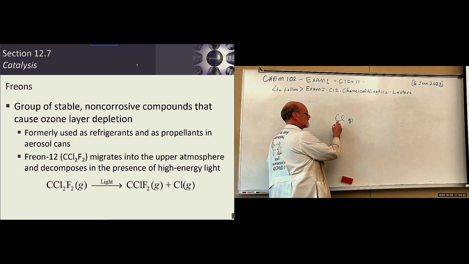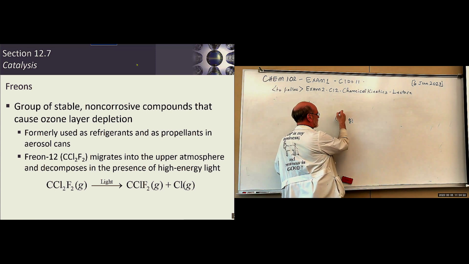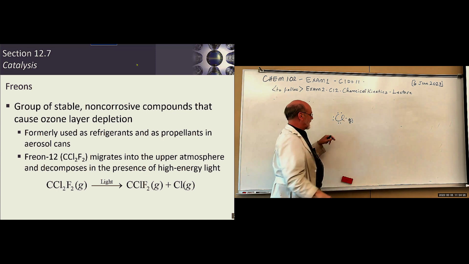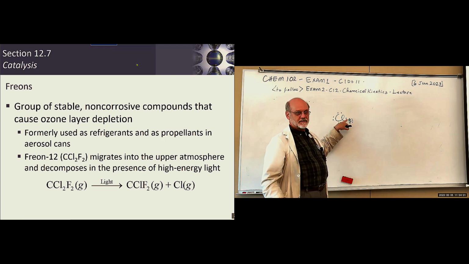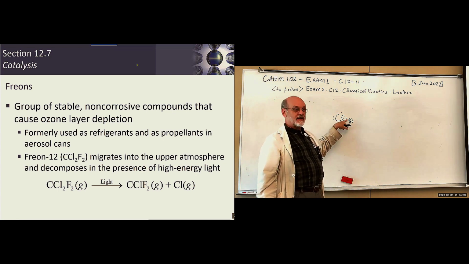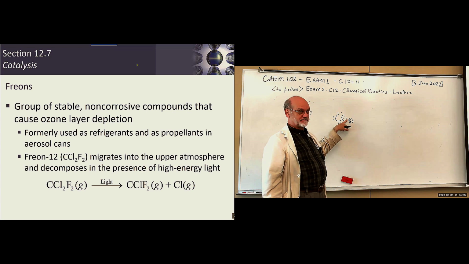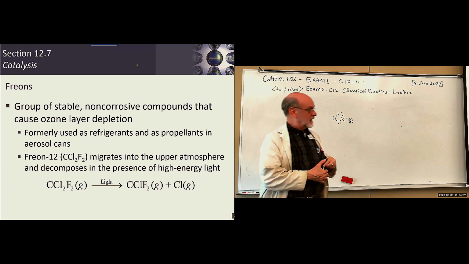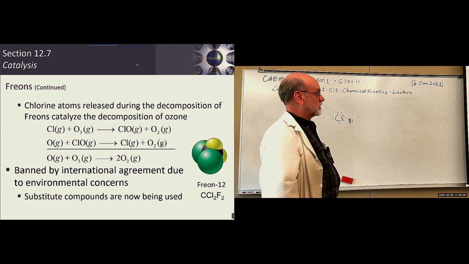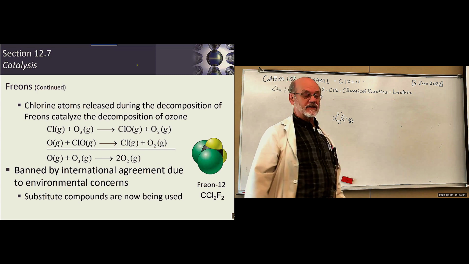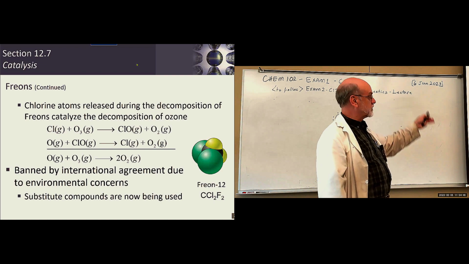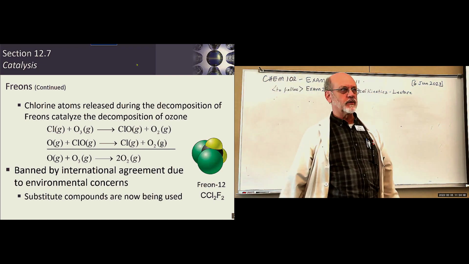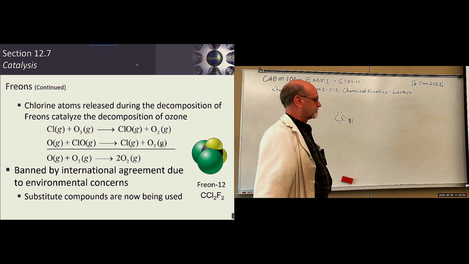But in those upper atmospheres, it decomposes into atomic. And the thing to notice here is paired, paired, paired, unpaired. This is a free radical. They are extremely reactive. And it goes and reacts with ozone and destroys it as a catalyst. And the bad part about it is, since it's a catalyst, once it destroys one ozone, it can go over and kick out another one and just keep going.